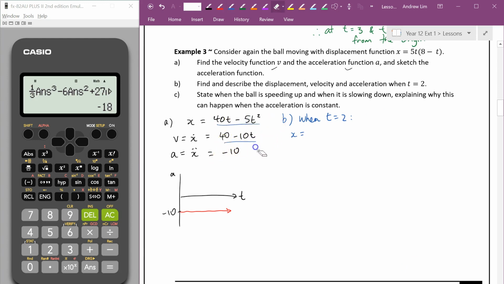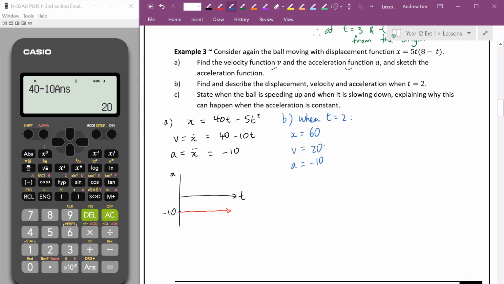We've got 2 times 40, minus 5 times 2 squared, answer 60. Velocity is 40 minus 10 times 2, answer 20. Acceleration is just minus 10.